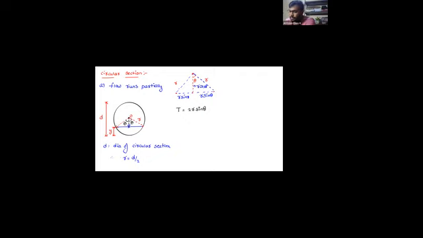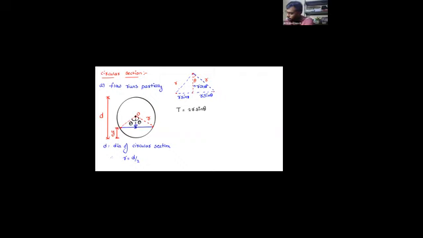Whatever the top width is, it is going to be 2R sine theta. I hope you can understand that the top width is going to be 2R sine theta.